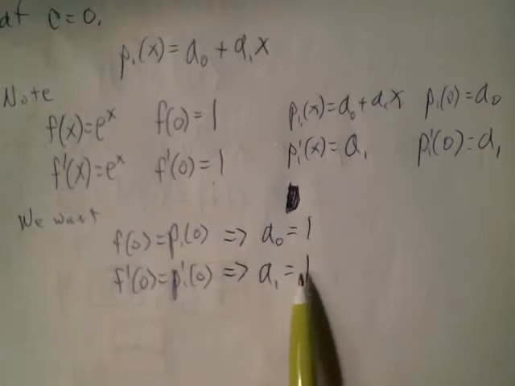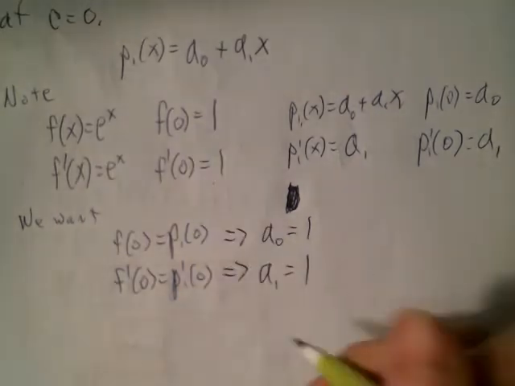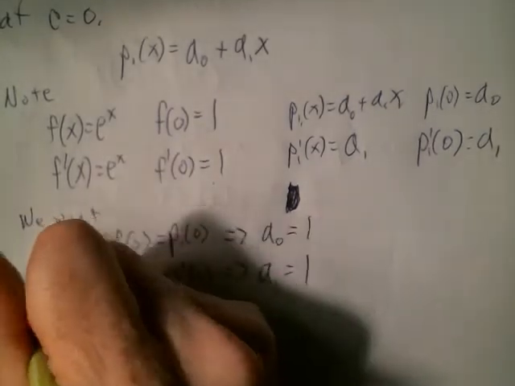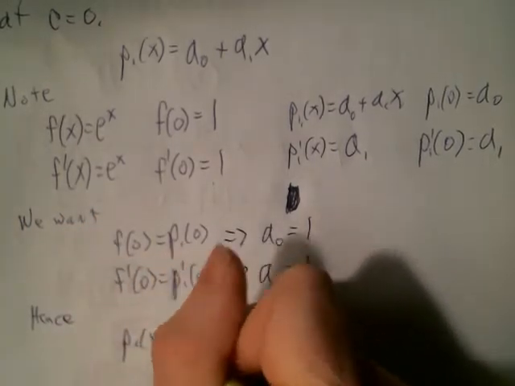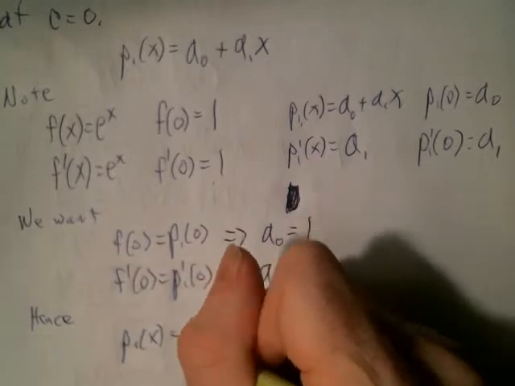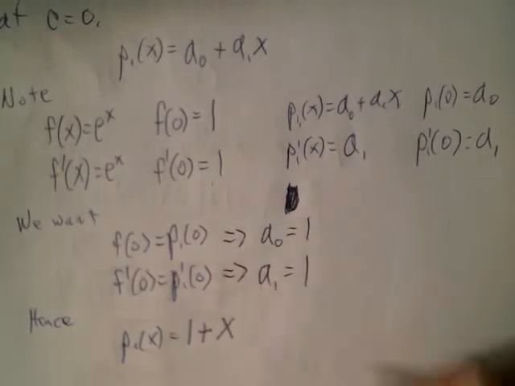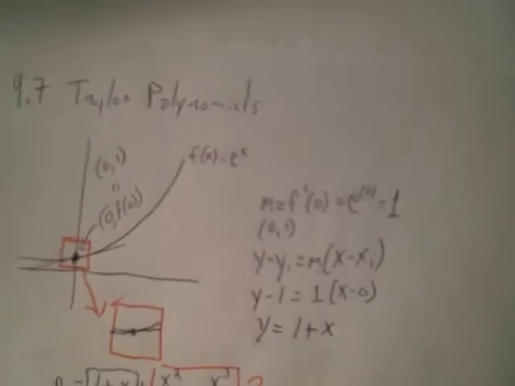We've solved for the coefficients on our polynomial approximation, and so p1 of x equals 1 plus 1 times x, which is exactly what we found it to be using pre-algebra.